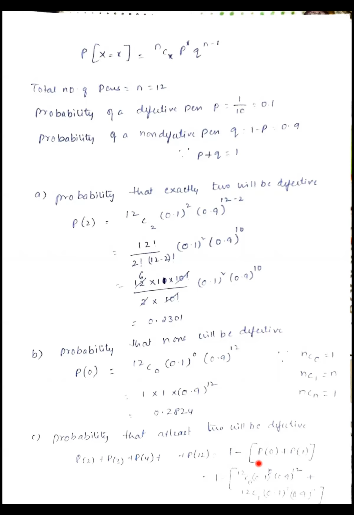Here we already calculated the probability x = 0 as 0.2824. Next we have to calculate the probability x = 1. That means instead of x = 0, we substitute x = 1 in this formula and calculate.